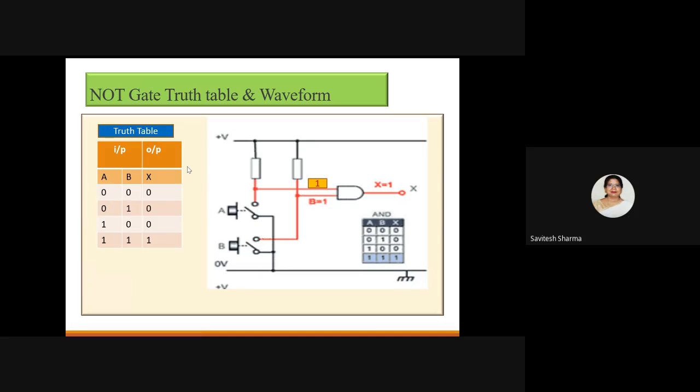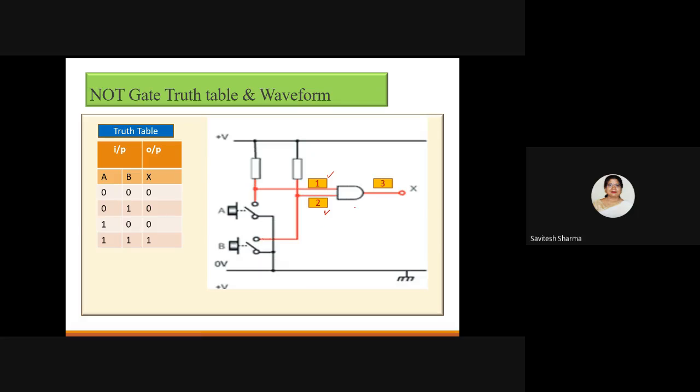So if I want to do an experiment, I will take one gate from the IC. Any gate I can use, but here for the experiment, let's say I am taking the first gate. So I will use pin number 1, this is the pin number 1 I am indicating here, and pin number 2 I will take for the experiment, and pin number 3 I will use to see the output.